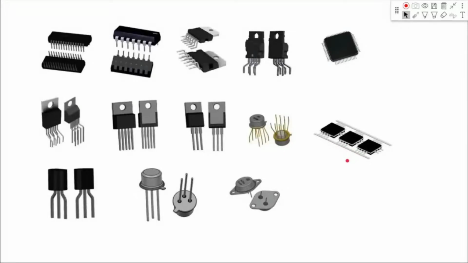Now, the way they are mounted can also differentiate the type of ICs. This will be mounted on a surface, right? But this will be going into the holes, like vertical holes of your breadboard. Okay, so these are some types of ICs. You are welcome to explore and find out what these different types of packaging are.